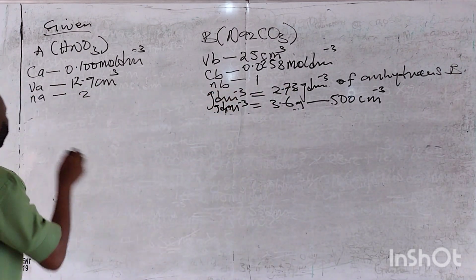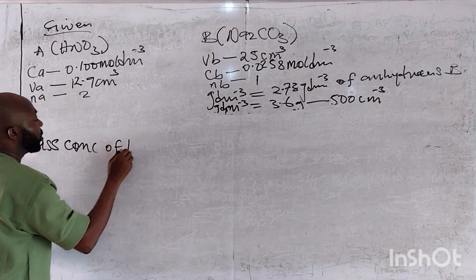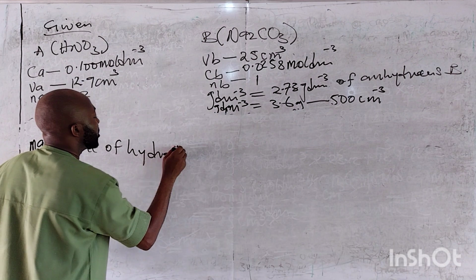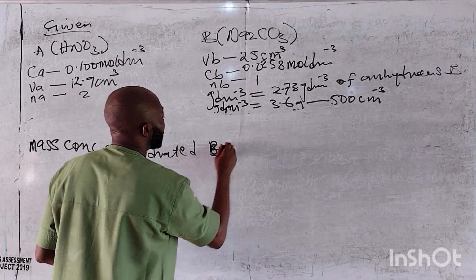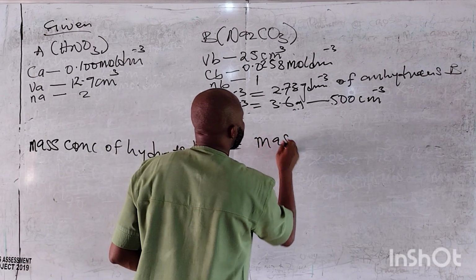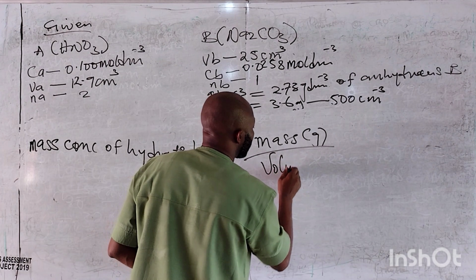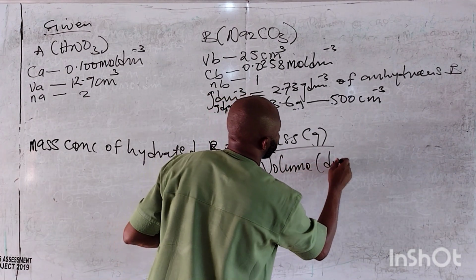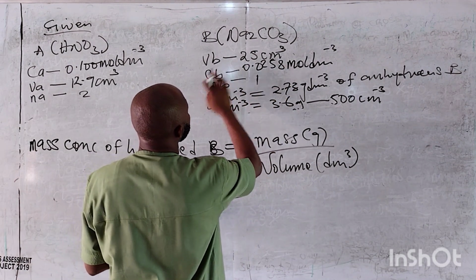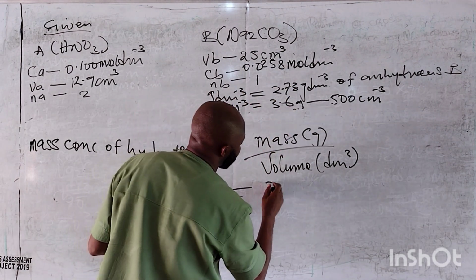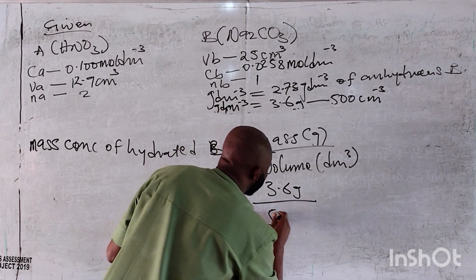Now, mass concentration of the hydrated salt, hydrated B, equals mass in gram over volume in dm cube. The mass is given to be 3.6 gram, over the volume, 500 cm cube.